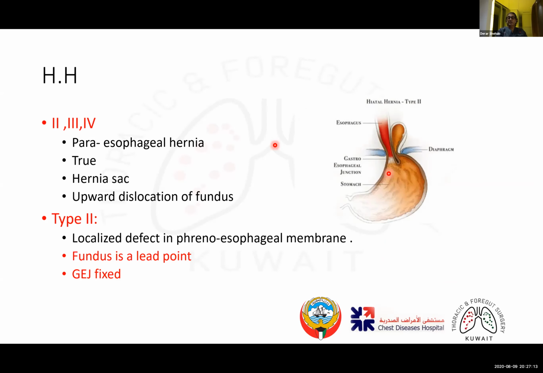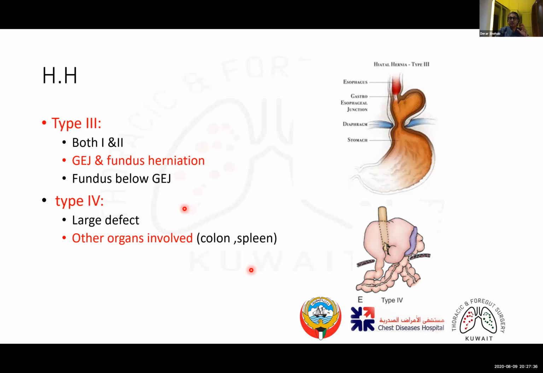Those paraesophageal hernias actually have a hernia sac, in which there is an upward dislocation of the fundus. So in type 2, for example, the fundus is the leading point, whereas the GE junction is below the diaphragm. So the herniation is in the fundus. Type 3 is a combination of both type 1 and type 2.